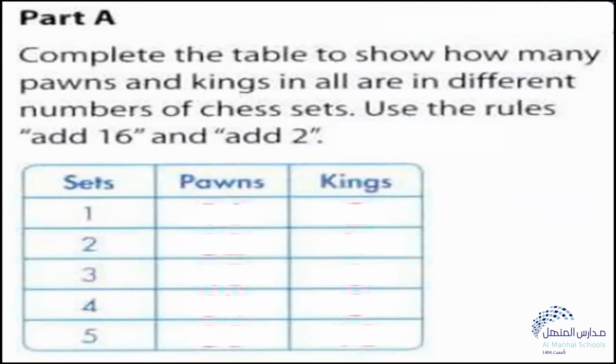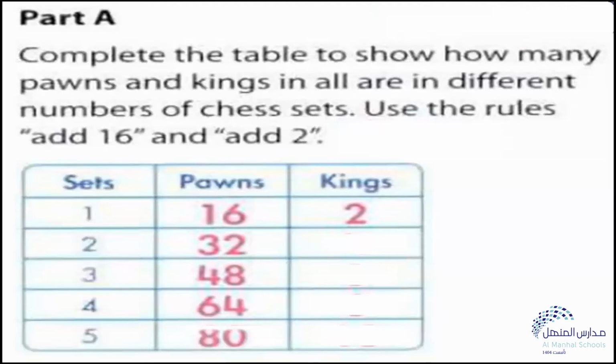So the first set for pawns will be 16 and for kings it will be 2. Then I add 16 to pawns and 2 to kings. Number 2, I add 16, so it will be 32. The third set will be 48, because each time I add 16. Adding 16 again it will be 64, and the last one will be 80.